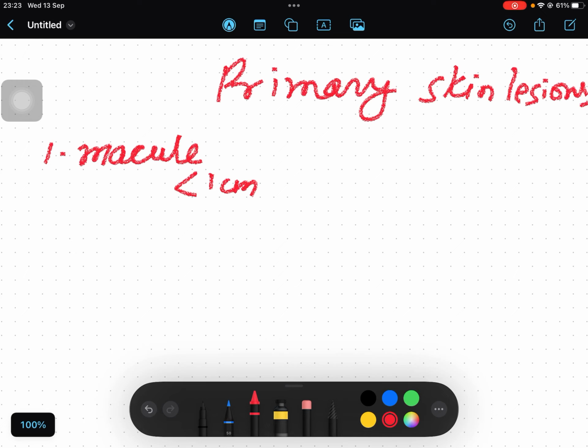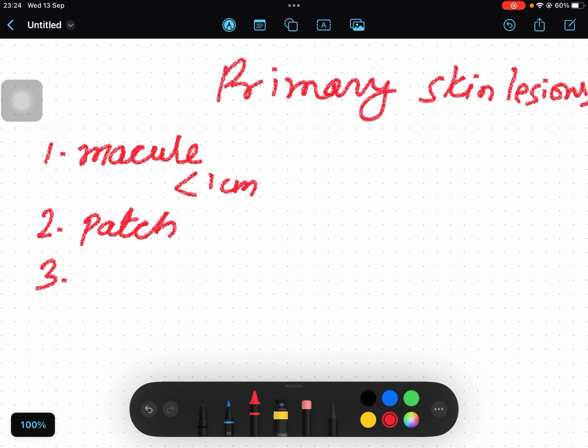Less than 1 centimeter in size, we call it macule. So if the macule grows more than 1 centimeter, we call it patch. Similarly, the macule and patch, these are non-palpable, they are simply change in color.